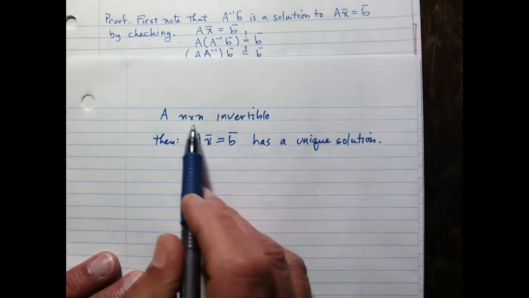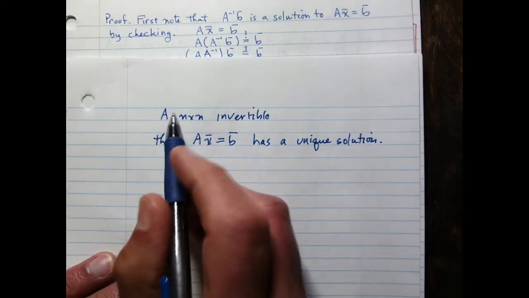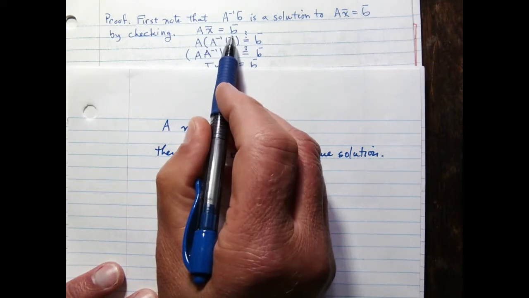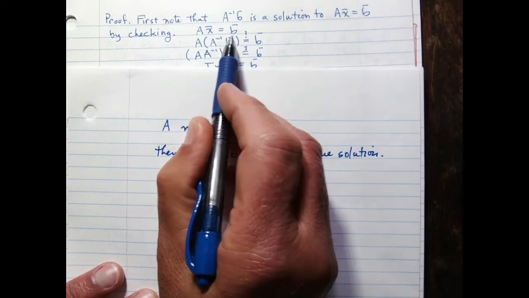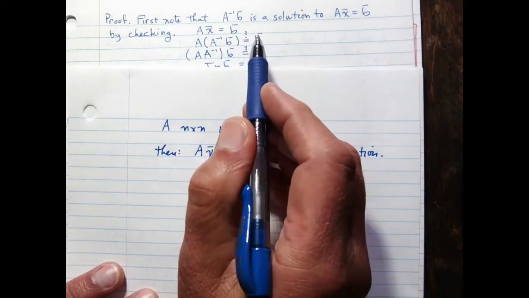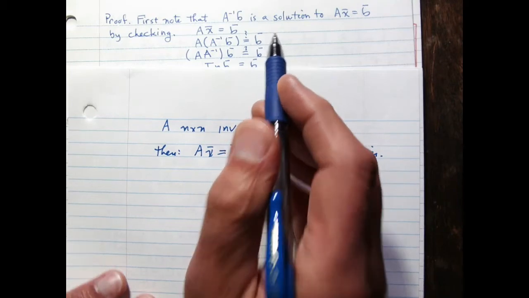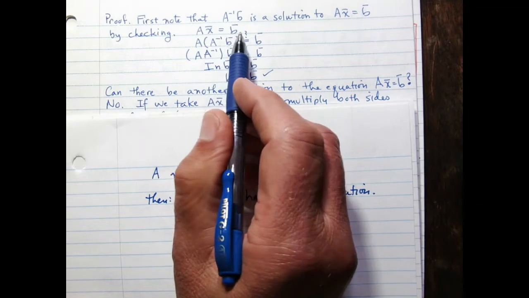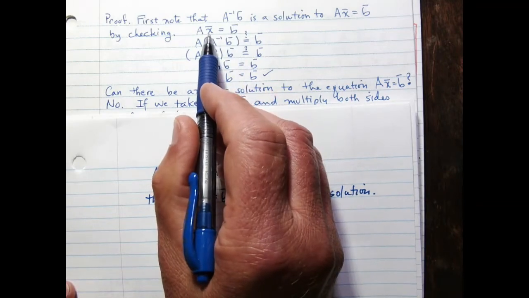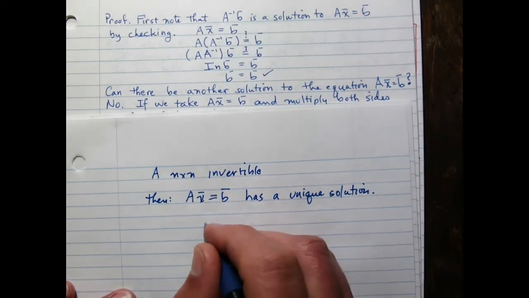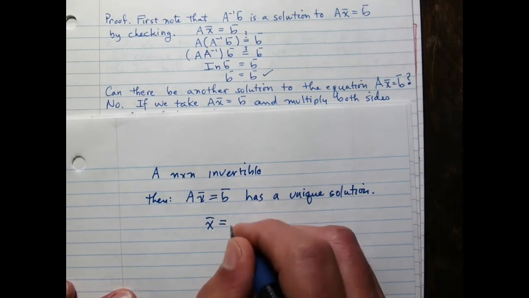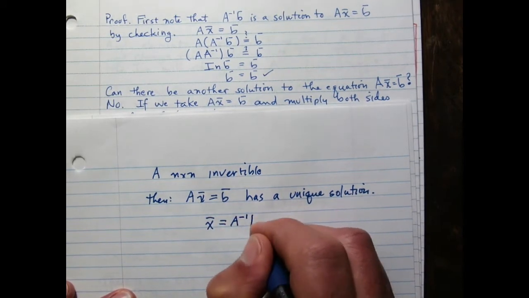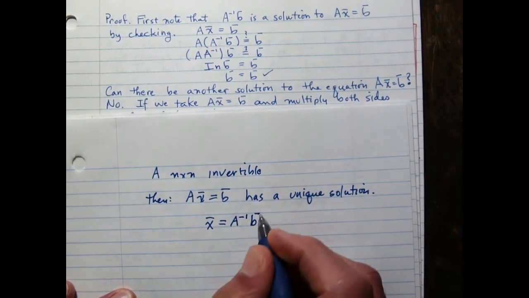Well, again, given that the matrix A is invertible, take that equation AX equals B, and first of all, what I want to do is just check that X equals A inverse B actually is a solution.